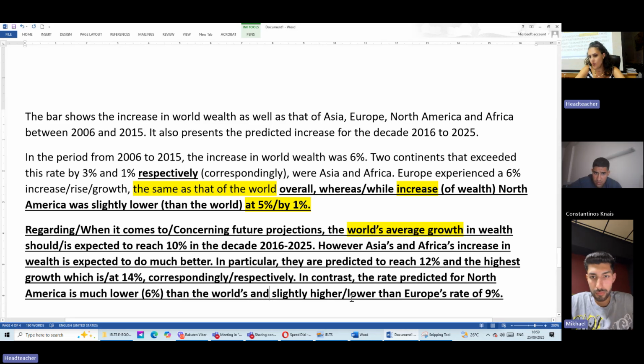And slightly higher, which means this one, slightly higher or lower than Europe's? What do you think? Lower, because Europe is 9 and this poor country, North America, is 6. I said slightly.